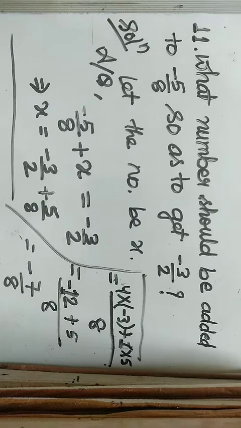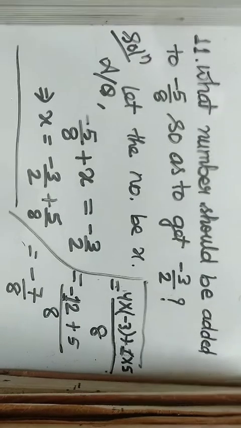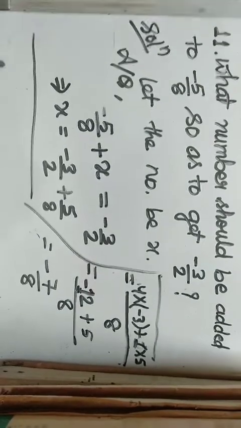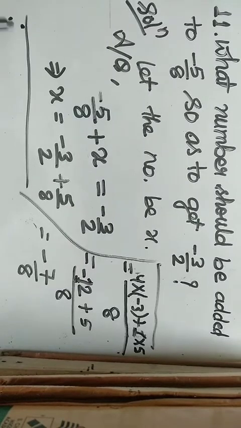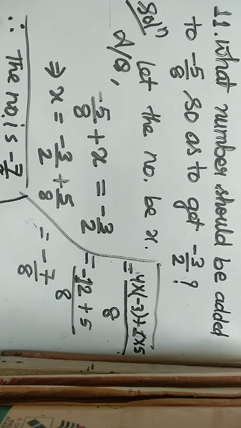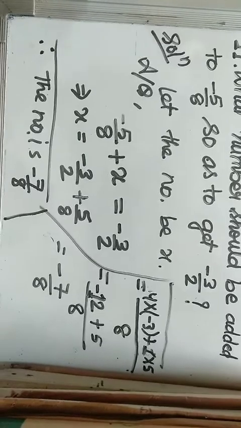Therefore, we can write that the number is minus 7 by 8. Minus 7 divided by 8.